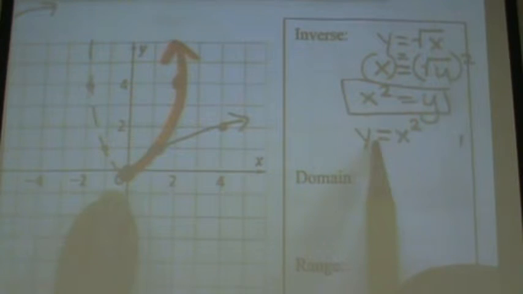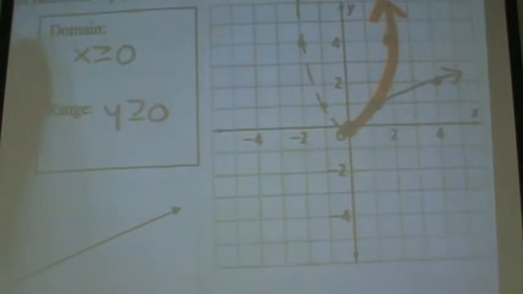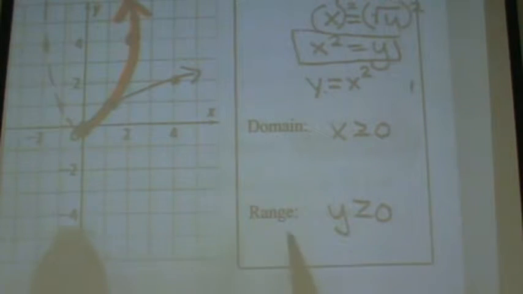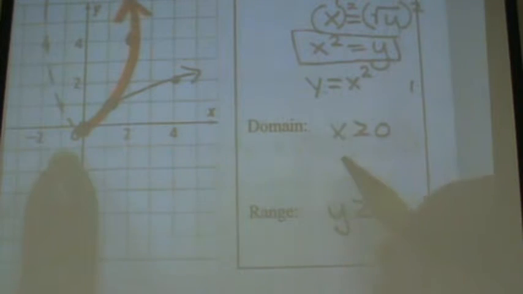But what do we do with the domain and the range when we're doing inverse? What did I tell you to do? Unfortunately, it's not always gonna be the same number here, and you'll see it in the next two columns. You switch them. So your domain is gonna be x is greater than or equal to 0, and your range is gonna be y is greater than or equal to 0. I switched them around.